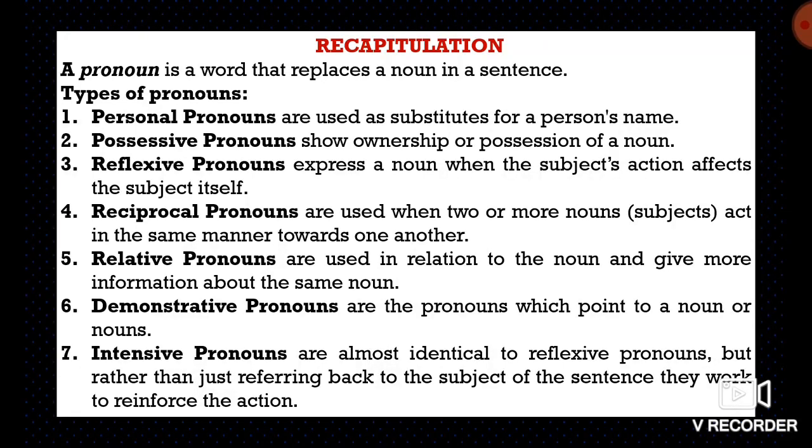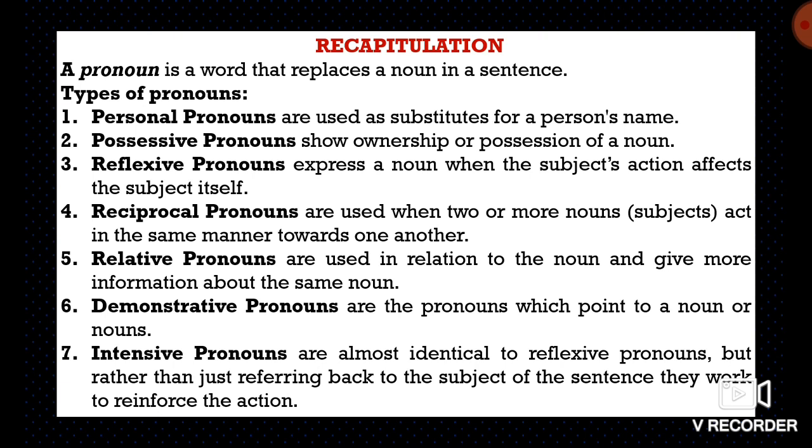Fourth is reciprocal pronoun. Reciprocal pronouns are used when two or more nouns or subjects act in the same manner towards one another. Fifth is relative pronoun. Relative pronouns are used in relation to the noun and give more information about the same noun.